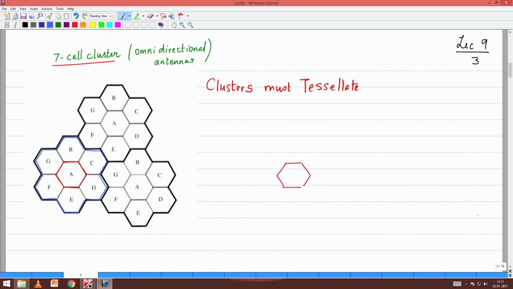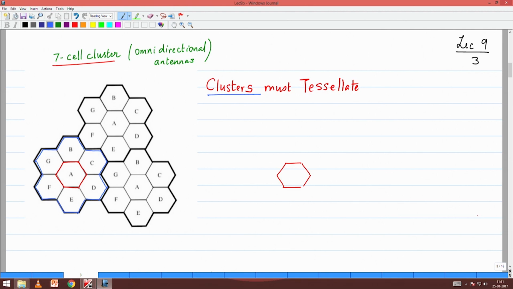So notice that the cells must tessellate, the basic shape must tessellate. There's an additional constraint, because you're going to repeat the cluster size. You're not going to change the cluster shape as you move around, because then the geometry will get affected. So the clusters also must tessellate, right? You can't design some weird pattern, but hexagons lend themselves to several patterns where the clusters themselves will tessellate.